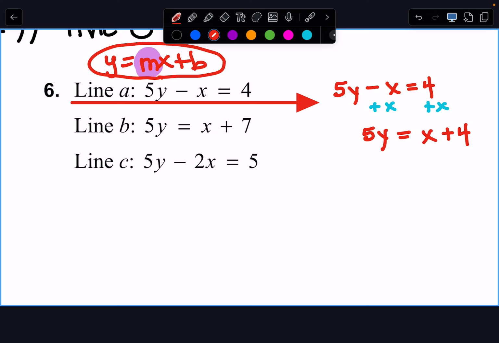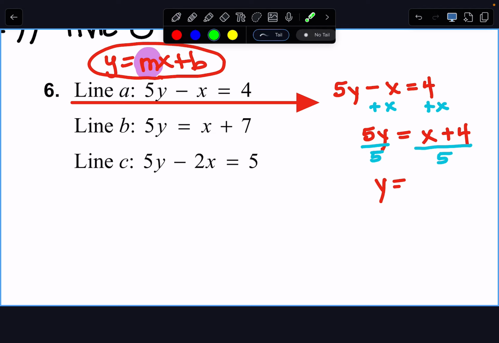Now, what is my next step to get y by itself? Divide by 5. Okay, now, let's rewrite this so that it looks like y equals mx plus b.